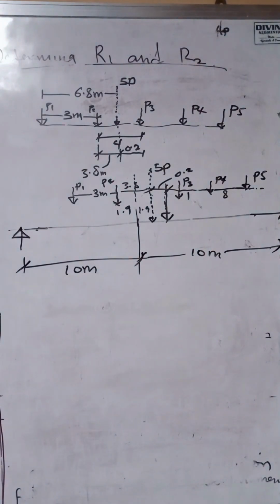So we have this beam as 10 meters, 20 meters span. Now, if we have P1, P2, P3, P4, P5, the center of gravity is 6.8 meters away from the left-hand side and 9.2 from the right-hand side corner.